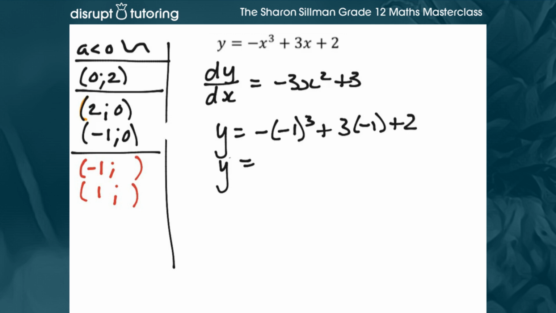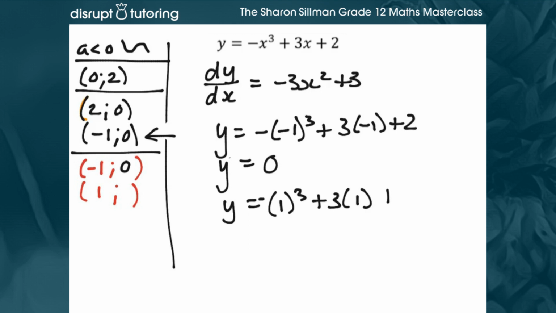And if you do that calculation, you should get 0, which I think you should have known from looking at that. We're expecting that x-intercept to be our turning point. And then we're going to put our 1 in. I forgot the negative there. And that is equal to 4. So (1, 4) is our other turning point.